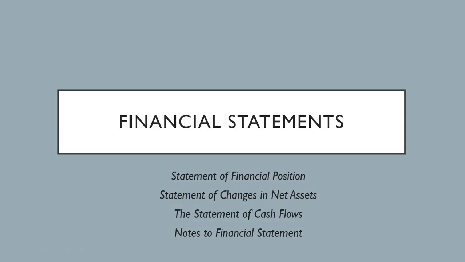They are the statement of financial position, statement of changes in net assets, the statement of cash flows, and the notes to financial statements. These are the financial statements furnished by not-for-profit organizations or entities.